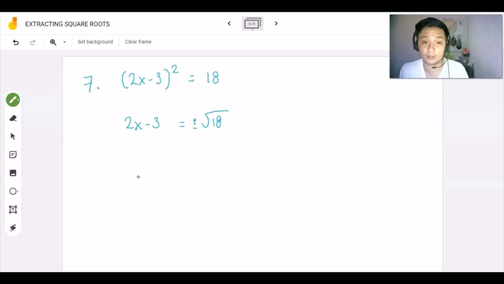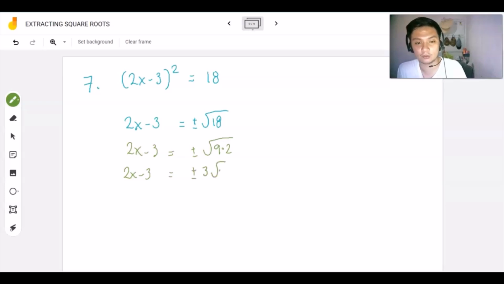We simplify square root of 18. Ano ang perfect square factor ng 18 since it's not a perfect square number? Meron ba? Yes. 9. So we have 2x minus 3 equals positive or negative square root of the product of 9 and 2. So we have 2x minus 3 equals positive or negative 3 square root of 2.